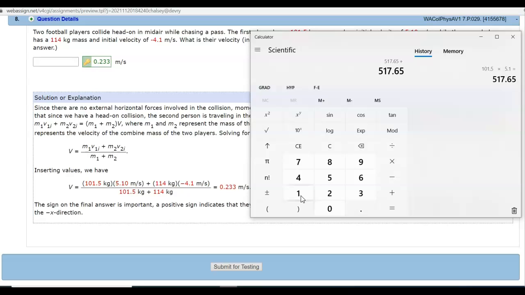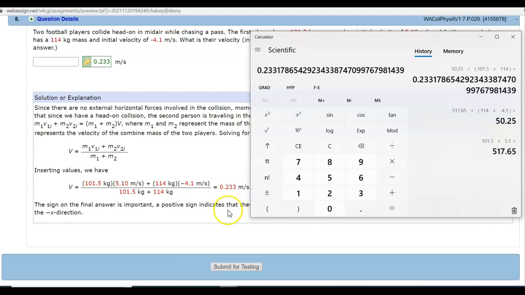And then I'm going to add to that and use my parentheses. 114 times negative 4.1, and get an answer to that, and then divide that by, and since this is added, 101.5 plus 114, close my parentheses, and we have 0.233, and we'll leave it at 3 significant figures, although there was only 2.